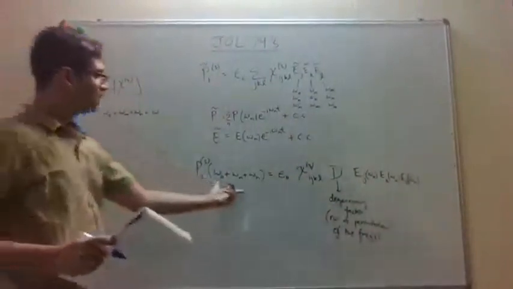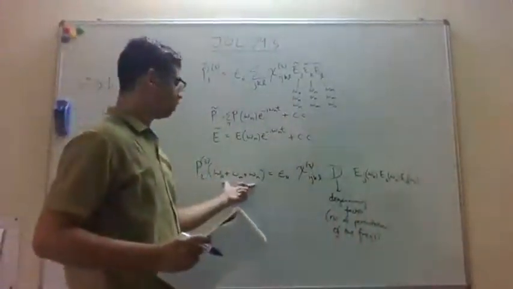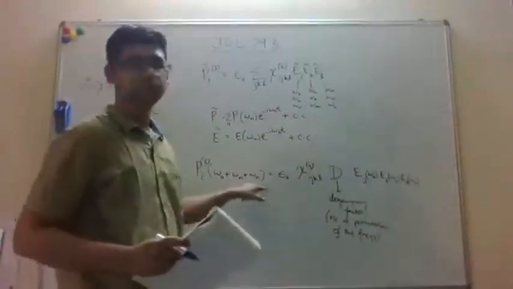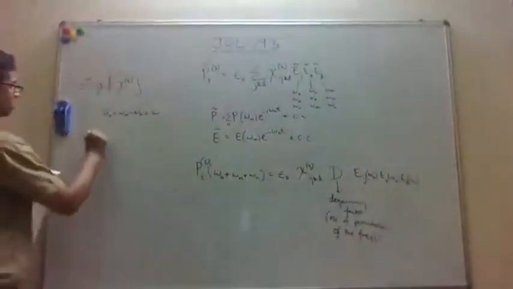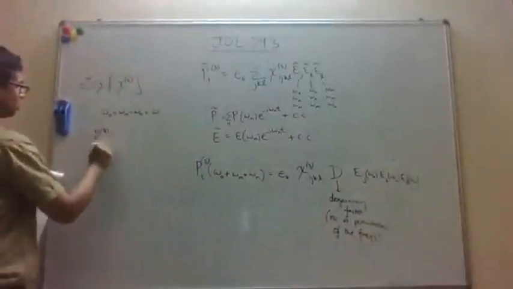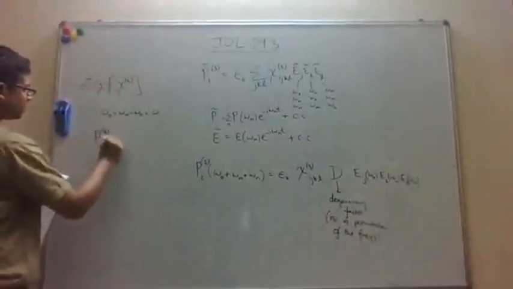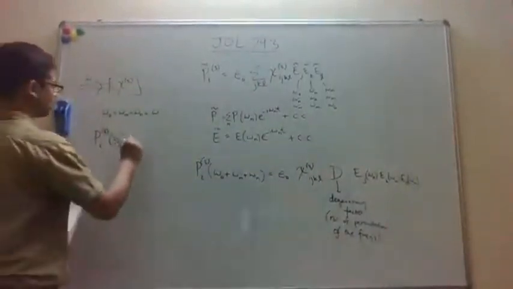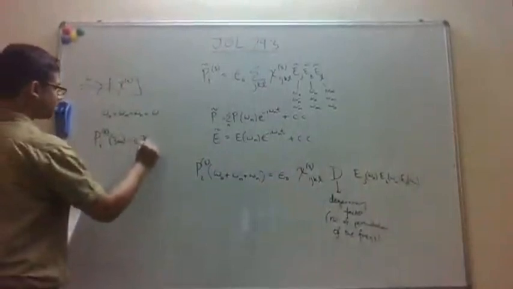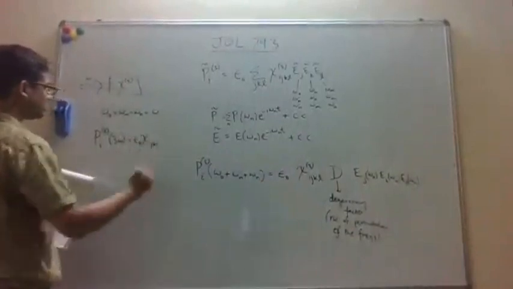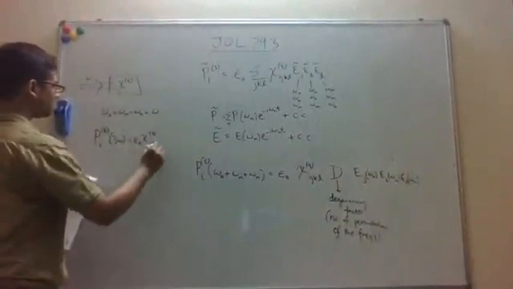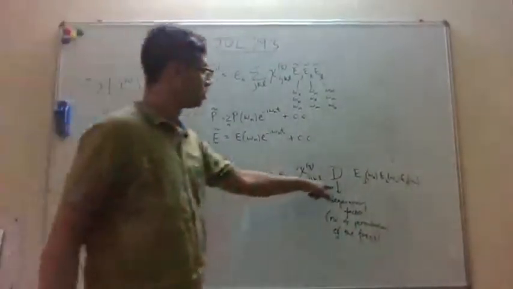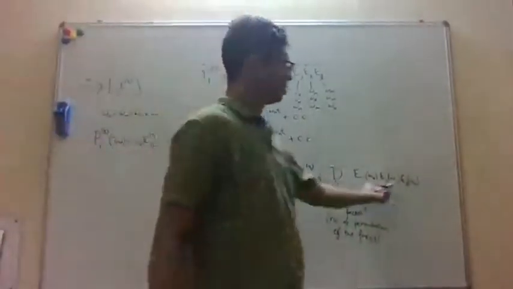So what kind of frequencies can I get in my polarization? This would, for example, give me the sum. So I'll have a polarization which is induced at 3 omega. That I can write as, and what would be the degeneracy factor for this case?